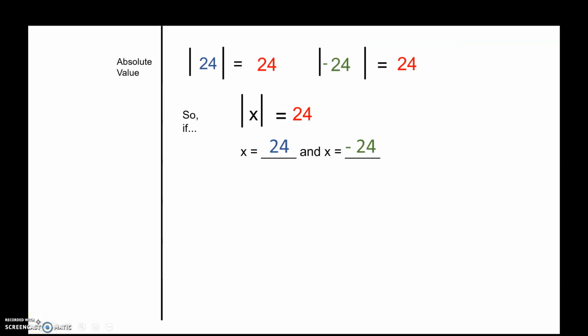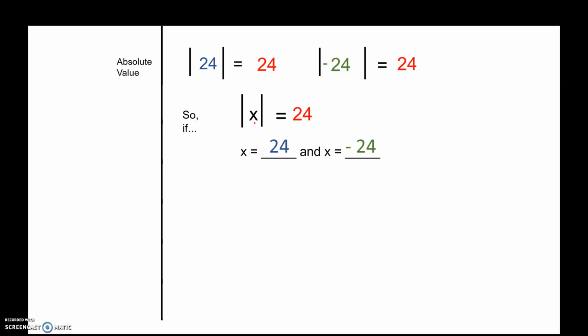All right, now we're going to get into absolute value equations here. Whenever you have absolute values around a value, they come out as a positive number. So the positive 24 comes out as a positive 24, and the negative 24 inside comes out as a positive 24 as well. If we were to make it an equation, now I put an x inside the bars.